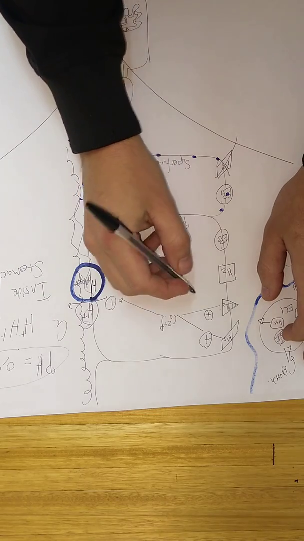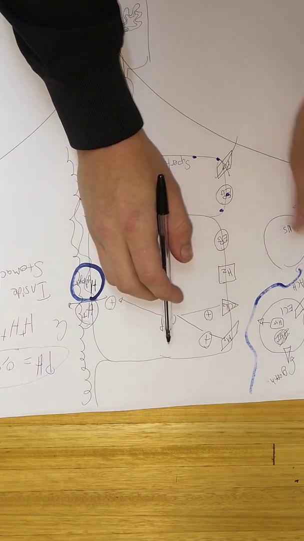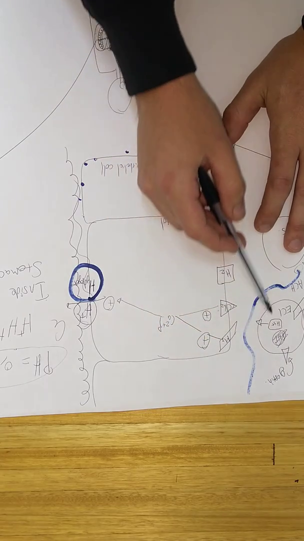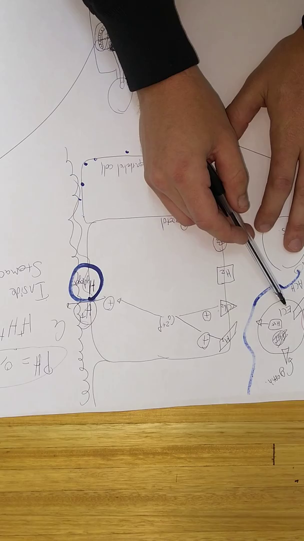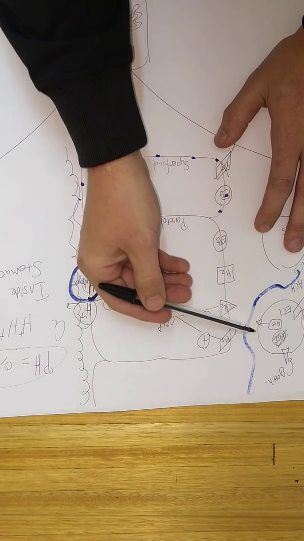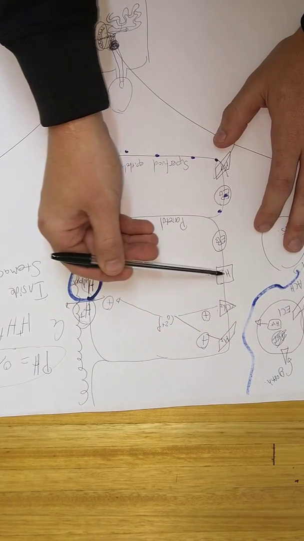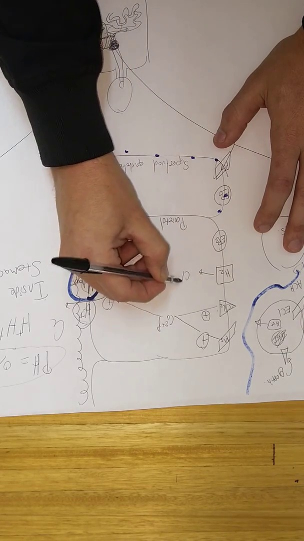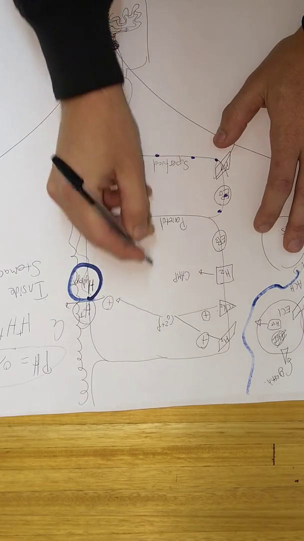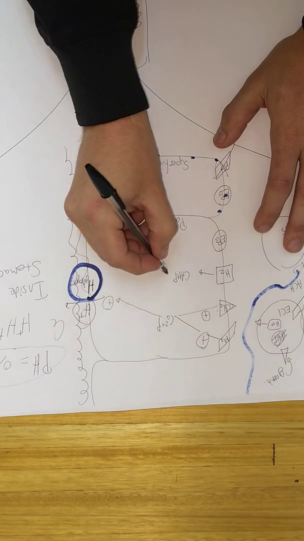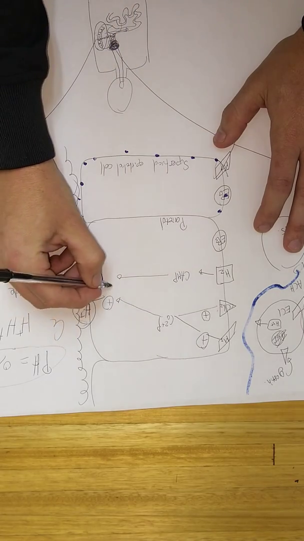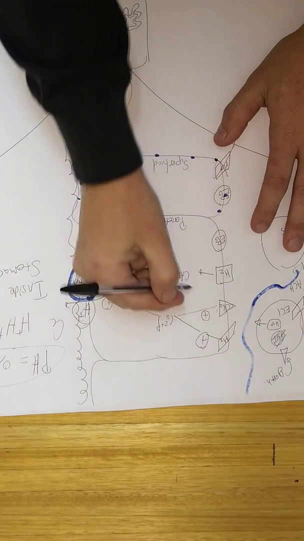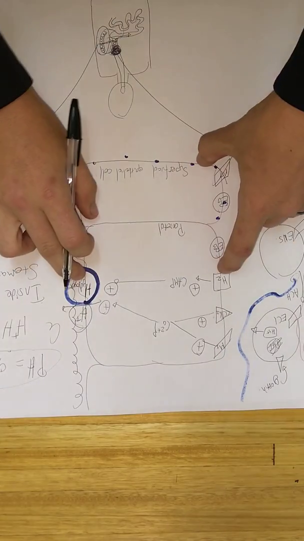Now this is the most important one. If we have gastrin being released upon smelling food, and gastrin stimulates the chromaffin cells, that will release histamine, and histamine will stimulate histamine 2 receptors, and histamine 2 receptors will increase the cyclic AMP within the parietal cell, and this cyclic AMP will then stimulate the proton pump to pump more acid into the stomach. Okay, this is the most important one.